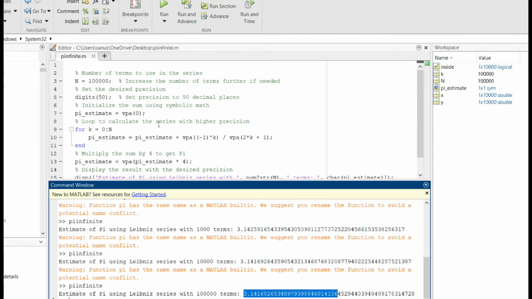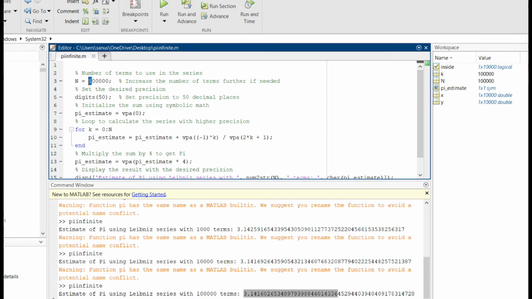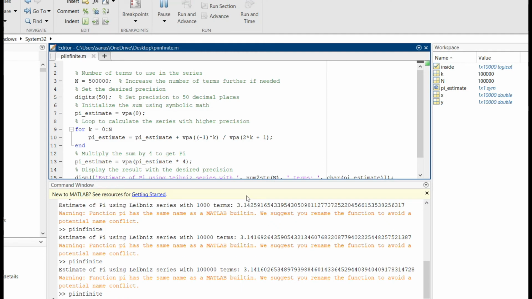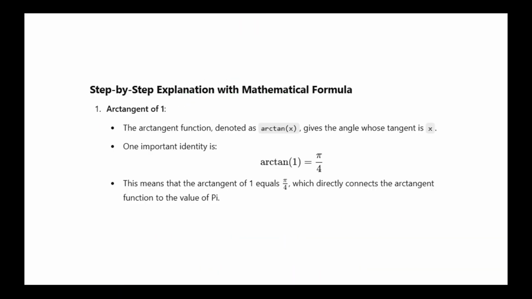By adding and subtracting these terms in the right way, Leibniz figured out that this series could be used to approximate pi. Specifically, the series he found looks like a sequence of fractions. You add one, subtract the next, add the next, and so on. As you keep going, the result gets closer and closer to pi, even though each new term becomes smaller and smaller.